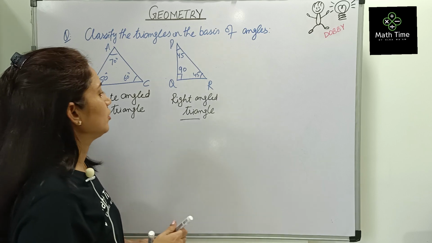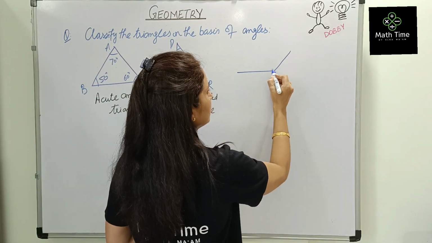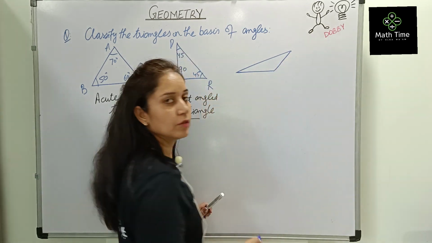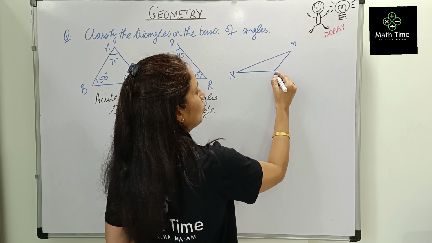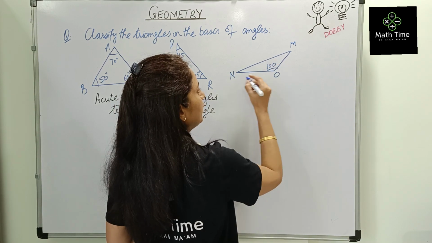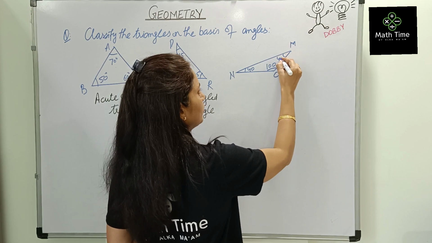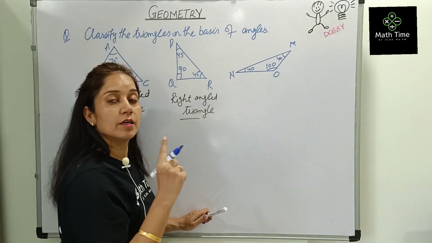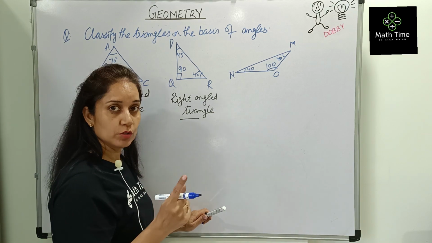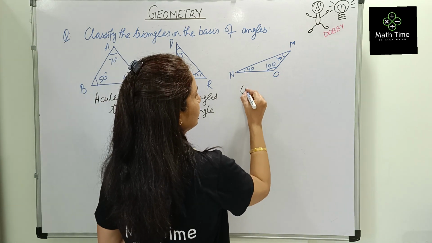Now, next triangle. One more triangle, let us name it MNO. O is 100 degree, this is 40 and this is also 40. Now tell me, here one angle is obtuse, so it is an obtuse angle triangle.